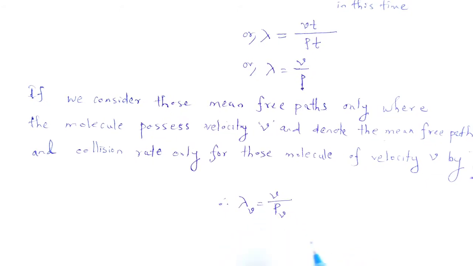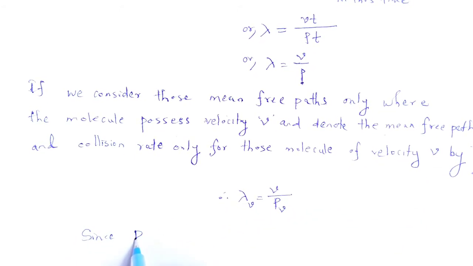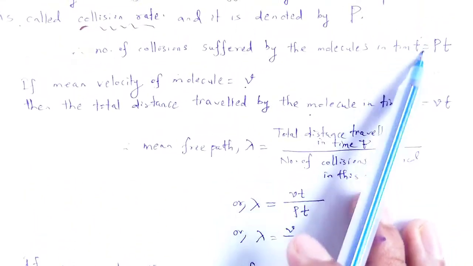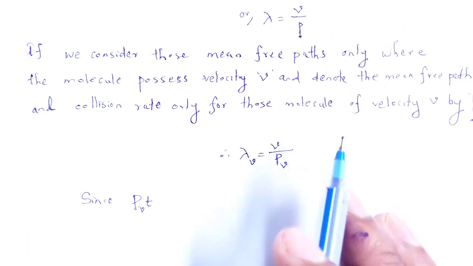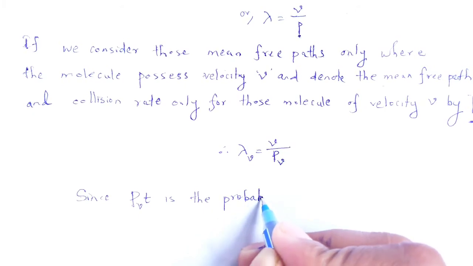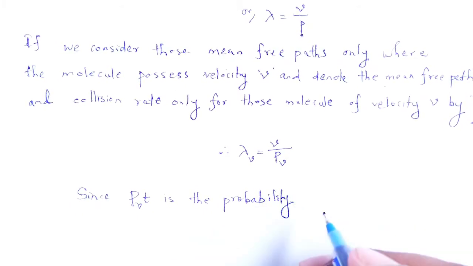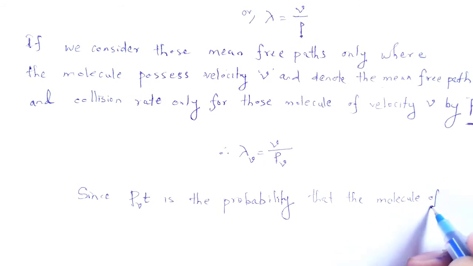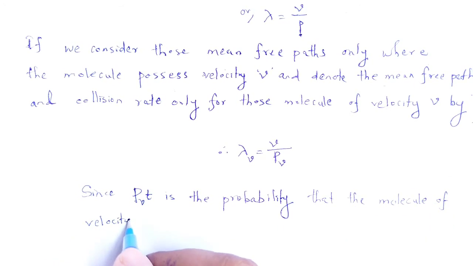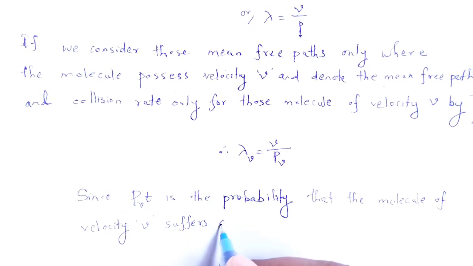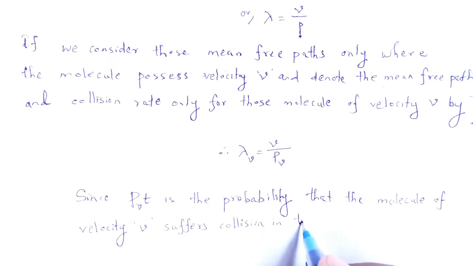Since we take the number of collisions suffered in time t as p into t, here p of v into t is the probability that the molecule of velocity v suffers a collision in time t.